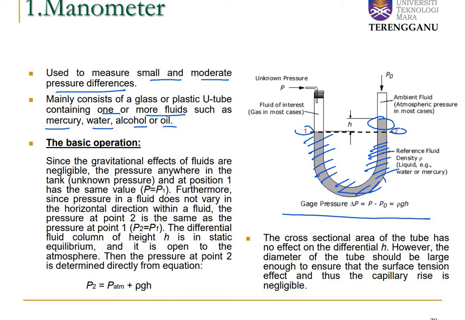So to calculate the pressure for this manometer, we just need to use this kind of formula. Pressure at point 2 here, because we have atmospheric pressure also inside the U-tube, so we need to consider the atmospheric pressure plus the density, gravitational acceleration and also height.